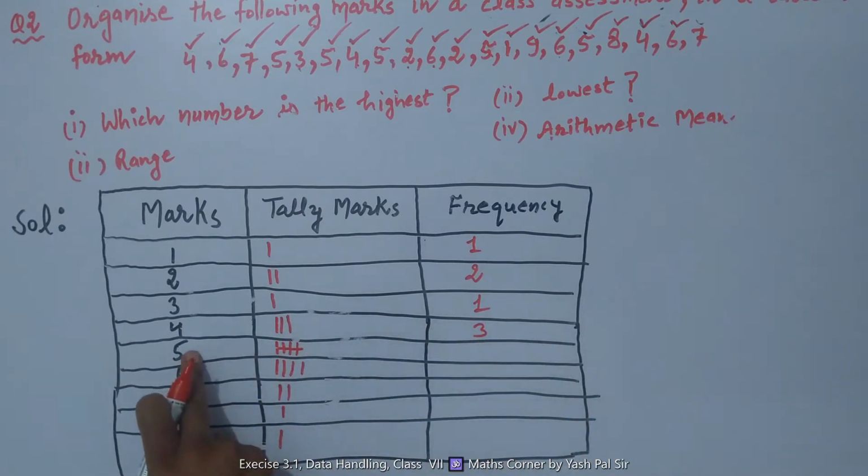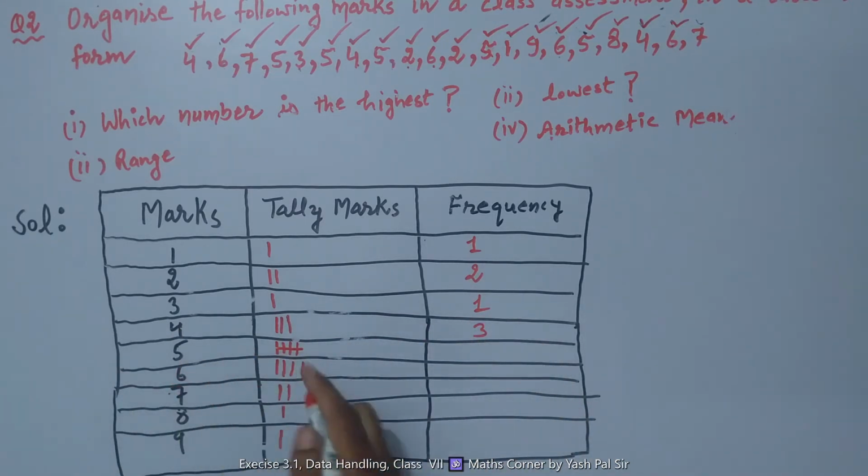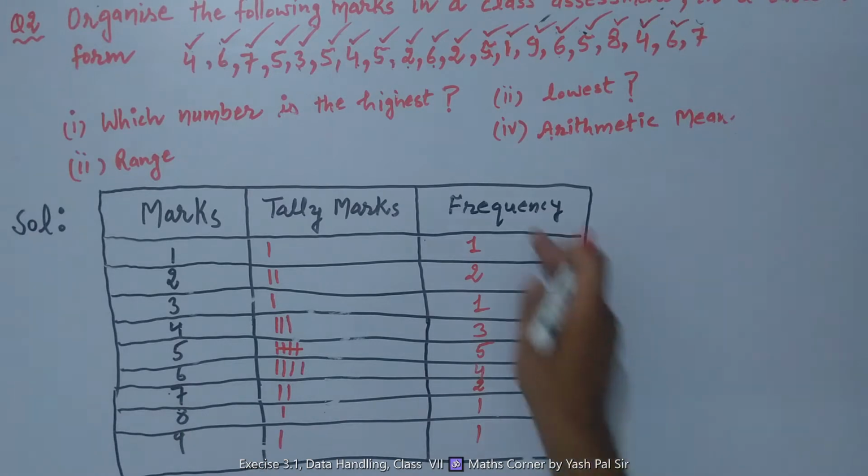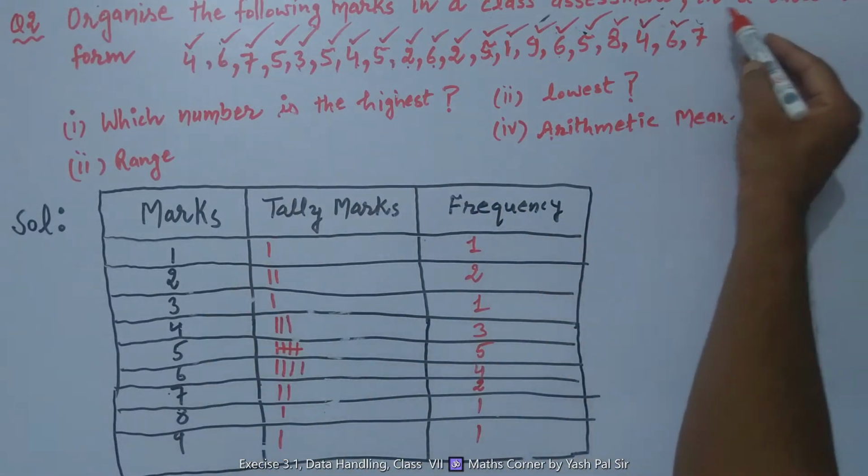How many students got 5 marks? 1 2 3 4, this cut mark, 5 students. 6 means 4. 7 means 2. 8 means 1. 9 means 1. So what was the question?